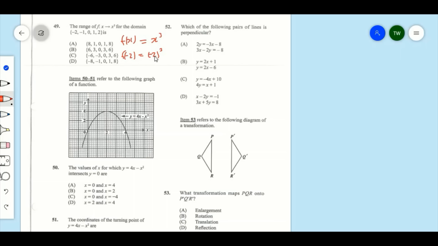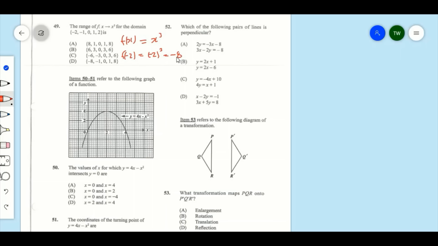And -2 all cubed, that is just 2 times 2 times 2. But it's -2, so you have to remember that. So -2 times -2 gives us +4. And +4 times -2 gives us -8. So when x is -2, the corresponding y value is going to be -8.